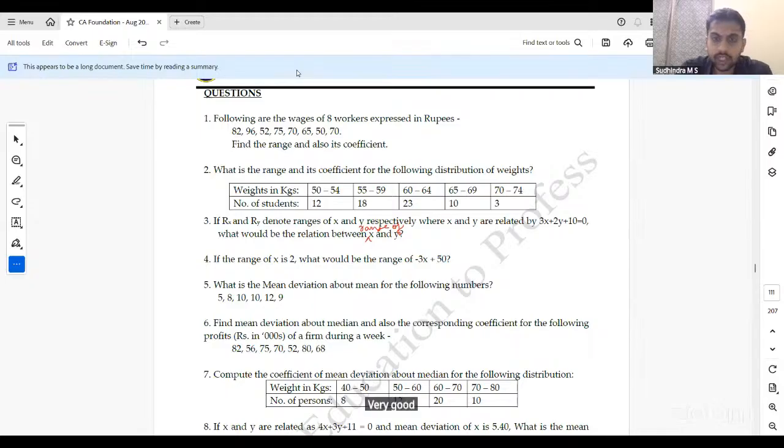Very good, Vikshita B, correct. Amit Vishnu, correct, but video off. Jeevan, correct. Vikram, you have to recheck.